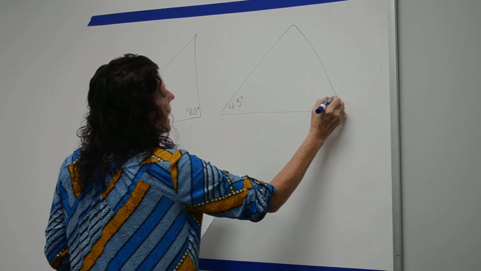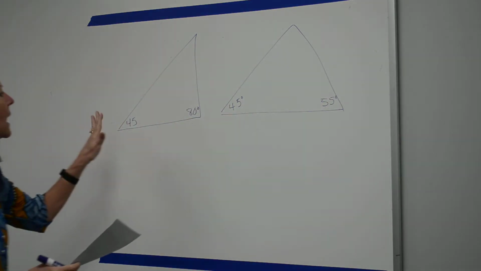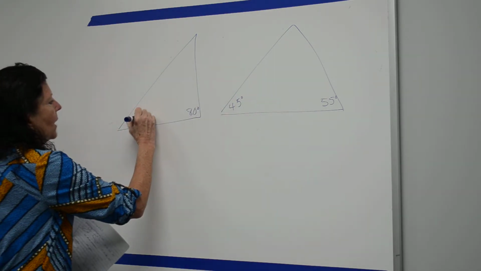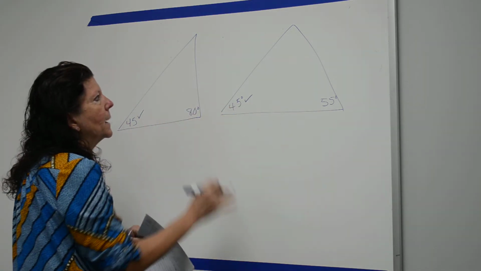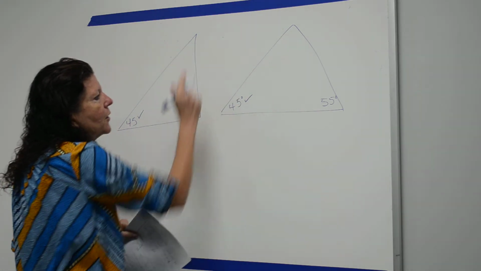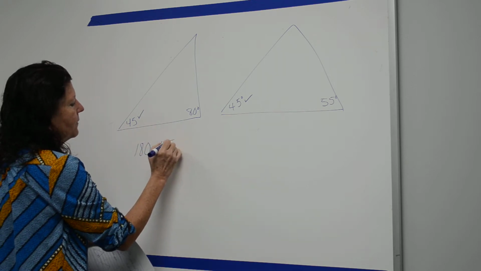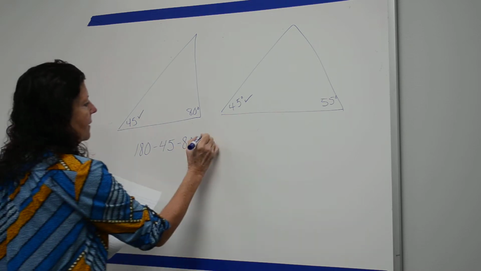Okay, this time I don't have any congruency marks on it, so I'm just checking to make sure that for every angle here, I have an equal angle over there. So I've got a 45 and I've got a 45. These two angles don't match up, so the question is going to be, what are those two angles? So again, I've got 180 minus 45 minus 80, which is going to give me 55.